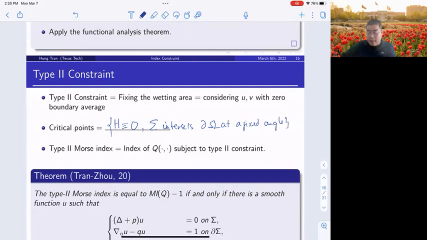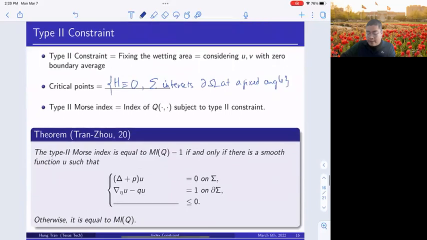This is the minimal capillary surface. And the type 2 Morse index, again, is the index of this operator subject to the type 2 constraint. And applying a very similar argument, we also obtain a theorem relating the type 2 Morse index with the index without constraint.